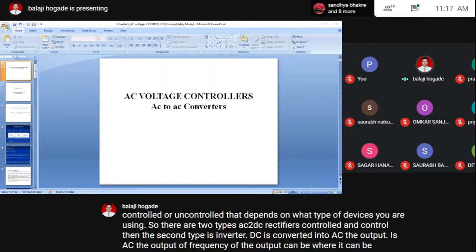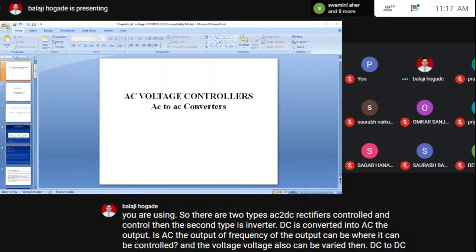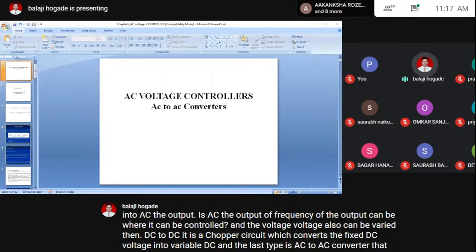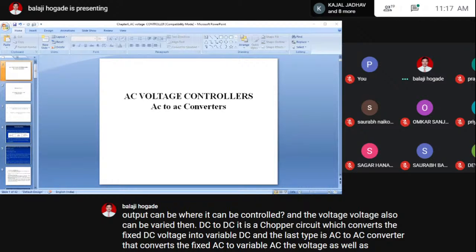Then DC to DC is a chopper circuit, which converts the fixed DC voltage into variable DC, and the last type is the AC to AC converter that converts the fixed AC into variable AC. The voltage as well as frequency, or either of the two, can be varied.